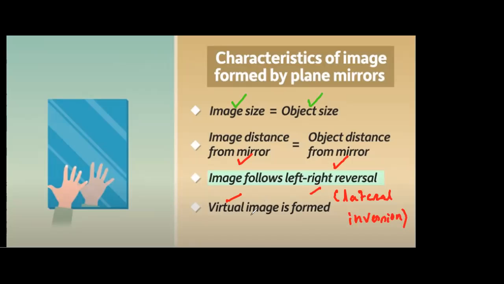Okay, and what is the nature of the image? Is it real or virtual? It is formed inside the mirror, so it is a virtual image. Yes, virtual image. Anyone have any doubt in this? No doubt, sir. Okay.